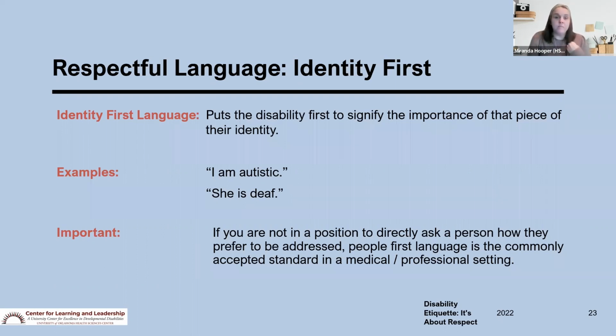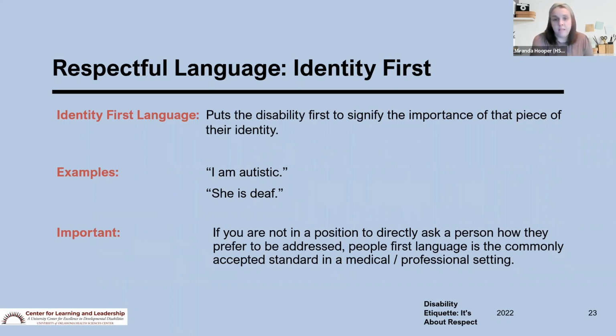So I was taught person first. There's a huge wave right now in the autism community, especially adults who have been diagnosed later in life, saying, "I am autistic." And that, again, is because that's a part of who they are.